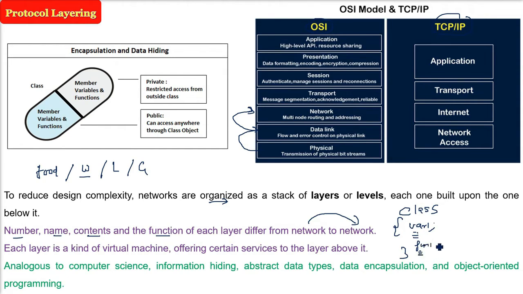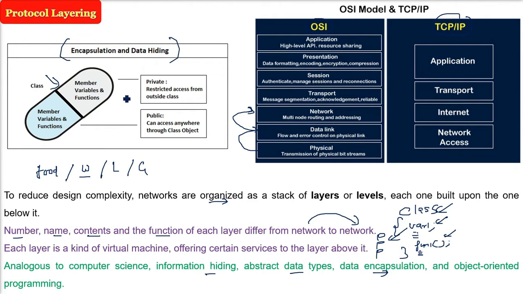So you are hiding content, variables and functions, and then with techniques like public, private and protected, you enforce information hiding, encapsulation and object-oriented programming. So sometimes the framework is what you give, and the implementation is left to the developer. Here, it is the network designer.